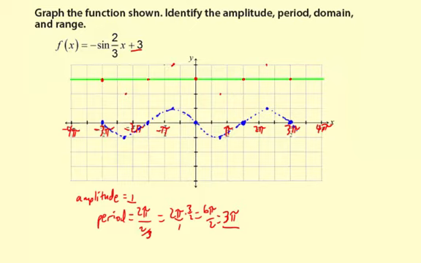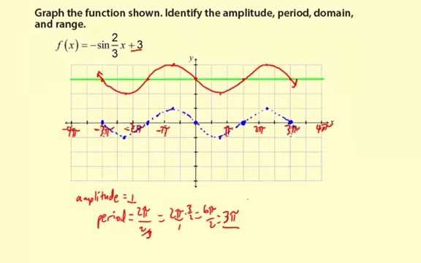Okay, so these are all our important points here. Now I'm just going to draw the curve. Okay, so there we go. There is our graphed function f of x equals negative sine 2/3 x plus 3.